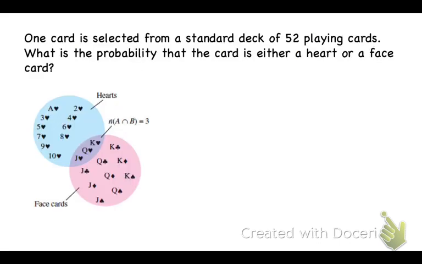Okay, one card is selected from a standard deck of 52 playing cards. What is the probability that the card is either a heart or a face card? What is the probability of getting a heart? So we have P of a heart or face card. Well, what's the probability of getting a heart? 13 out of 52.